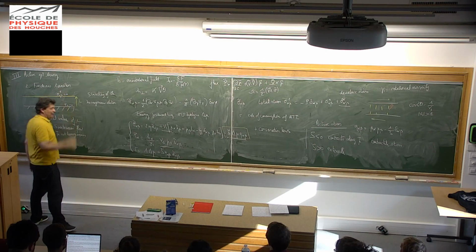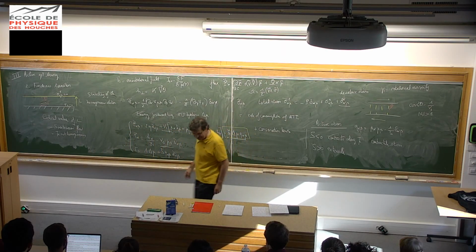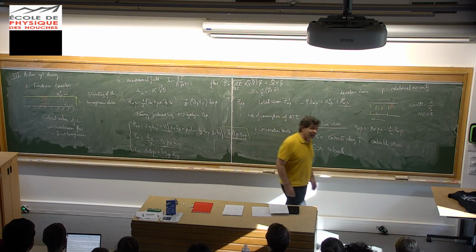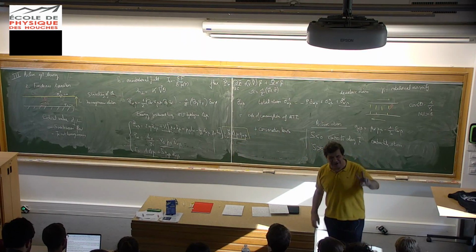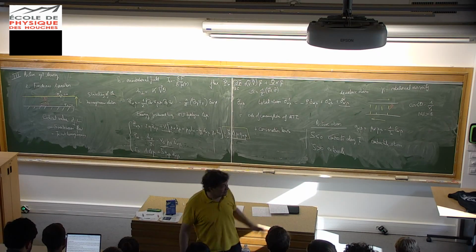Sigma total. Now, I changed my notations because I wanted to have the same as in my notes. But contrary to what you do when you do hydrodynamics, I'm not allowed to exchange sigma xy and sigma yx. They are different because the stress is not symmetric.